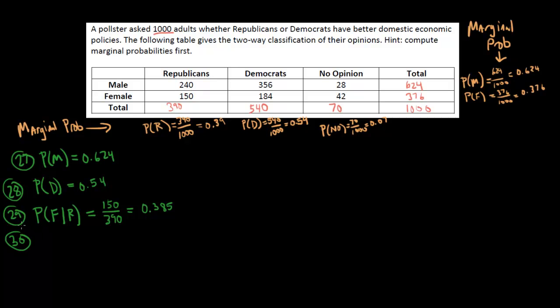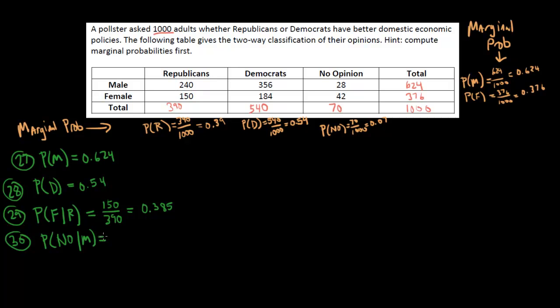Okay? So number 30. Number 30 says we want to find the probability that a randomly selected adult has no opinion given he is a male. So we want to find the probability that in this group, a randomly selected person has no opinion, given that the person is a male.